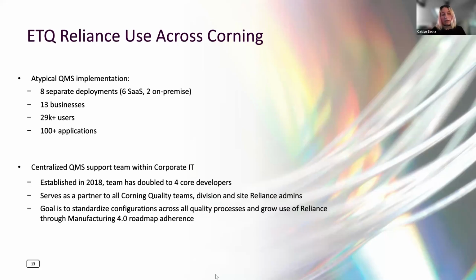And across all 8 of those deployments, we have over 100 applications in use. So those are deployments of document control, again CAPA, change management, non-conformance. It's a lot to manage. So that is what my team and I are working on every day to continue to design, develop, maintain, make sure that everything is running smoothly and the wheels are greased.